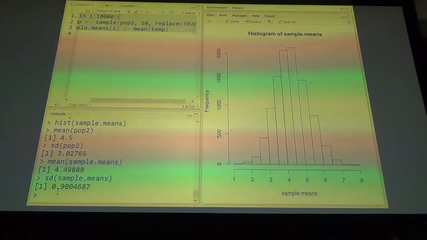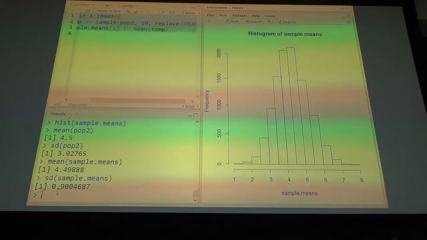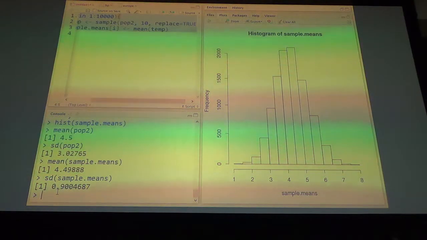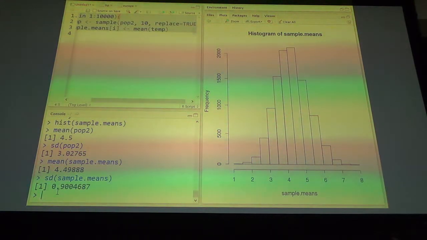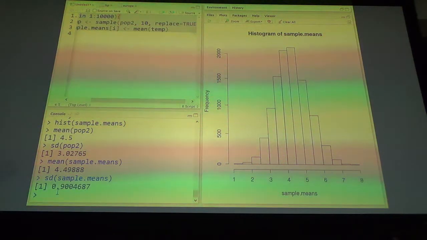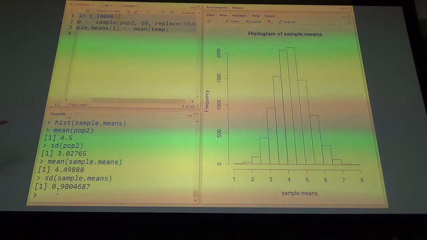That's basically what the central limit theorem says, and it's actually quite a remarkable result.